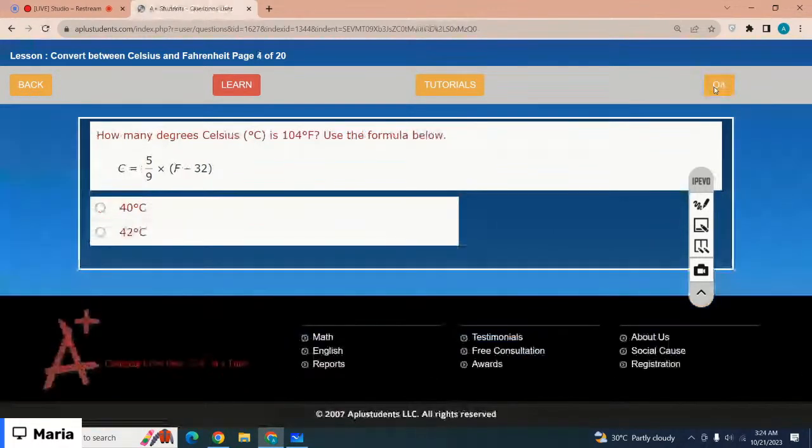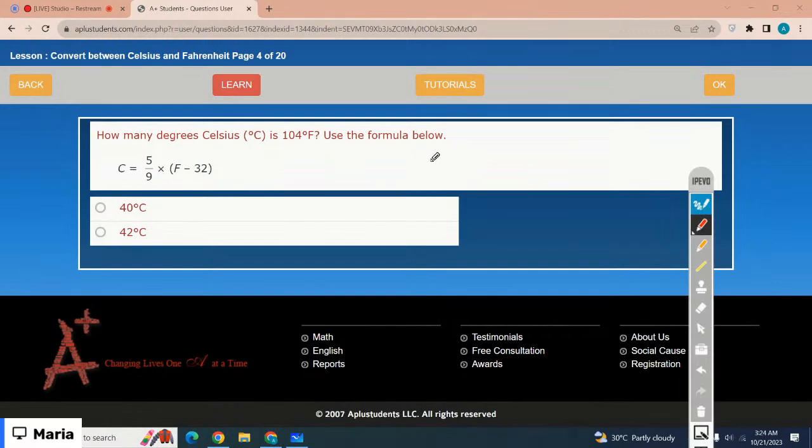Okay, how many degrees Celsius is 104 F, use the formula below. So which is the correct option? We have to do 104, right? So 5 over 9 times 104 minus 32. Okay, let me just subtract. 104 minus 32 is 72.